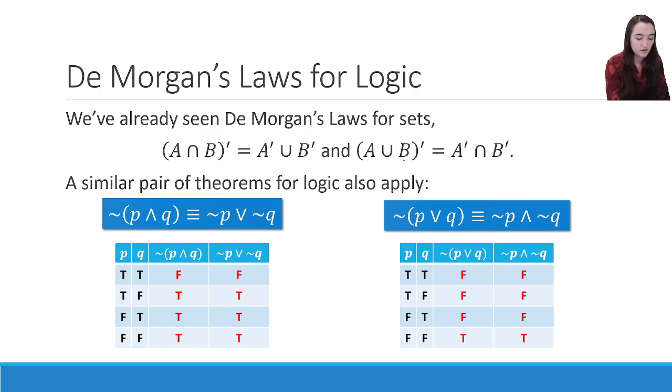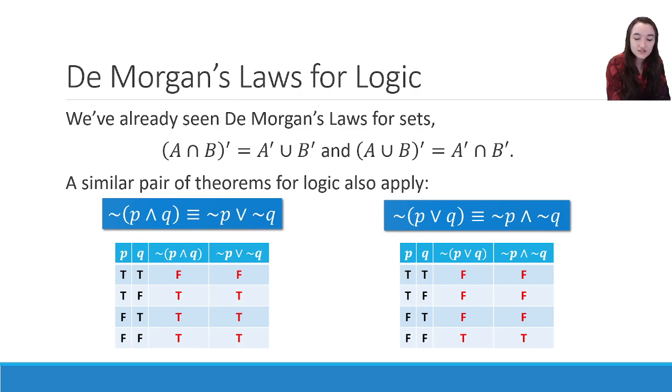So the complement of A intersect B is the complement of A union complement of B. And the complement of A union B is the complement of A intersected with the complement of B. So when we complement an intersection, we get the complement of each individual united. And then the complement of a full union is the same thing as the complement of each individual piece intersected.